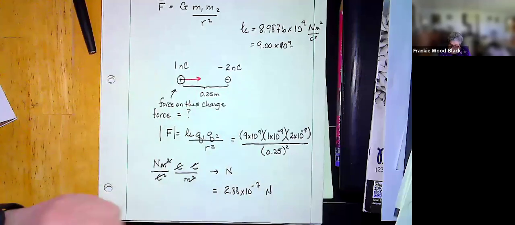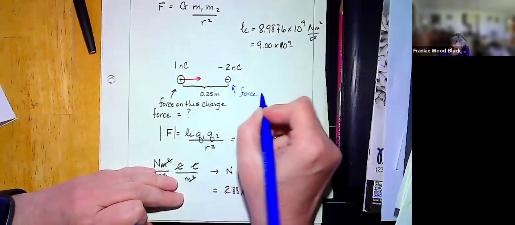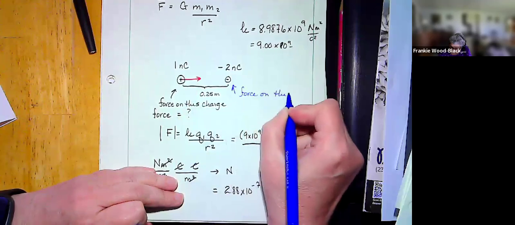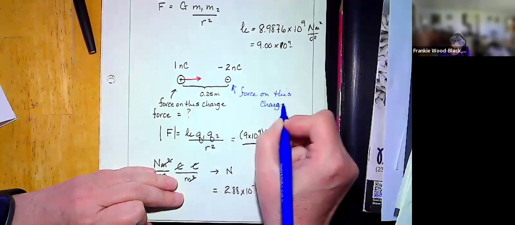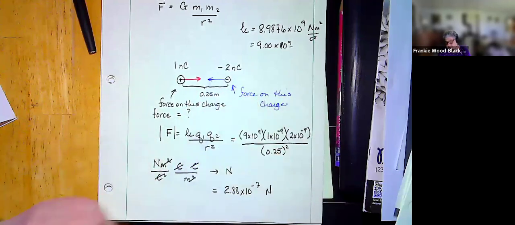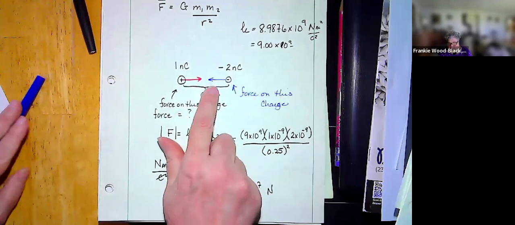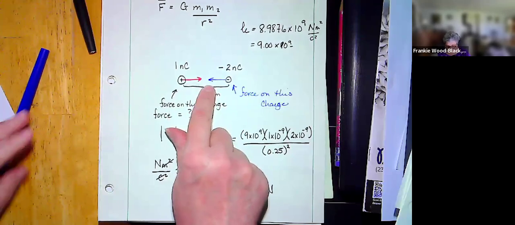If I'm looking at the force on this charge, the force is going to go that way. So we're going to have to account for the directions of our forces. So we're going to do 1 and 2 dimensions.